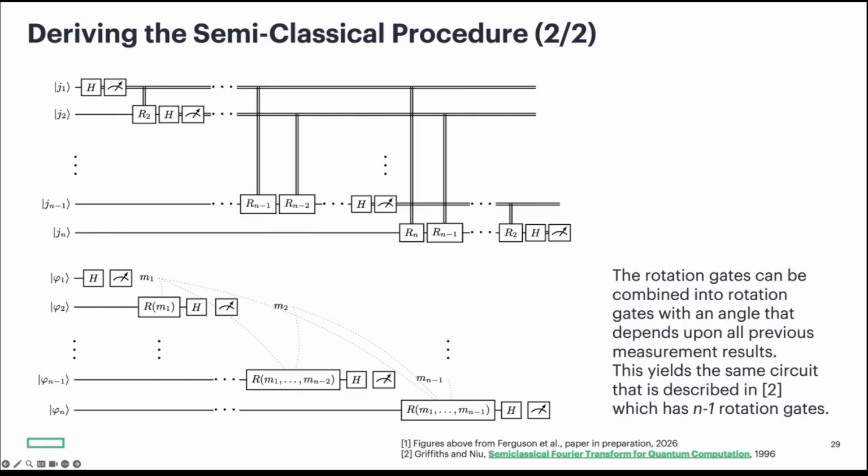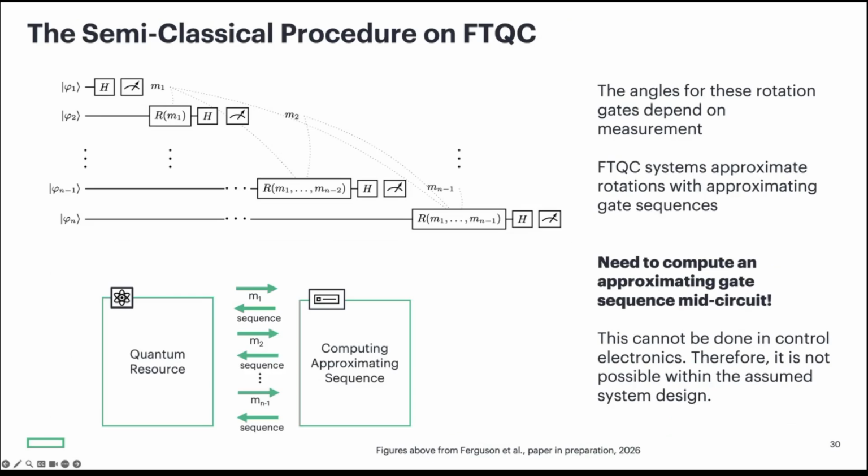So now, why did I say that that is impossible with that initial system design? Well, those angles depend on the measurements, and in a fault-tolerant quantum computing system, we can't just do an arbitrary angle rotation. We need to approximate our rotation gates with a sequence of gates, what I'd call an approximating sequence. Now, if we're running this circuit, we have to compute those approximating sequences while we're running the circuit.